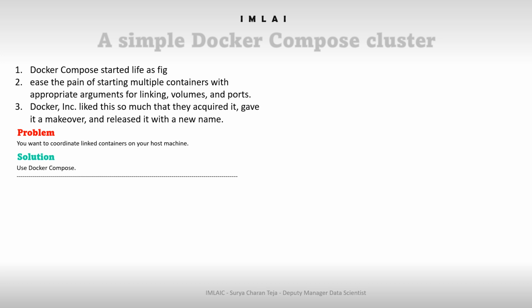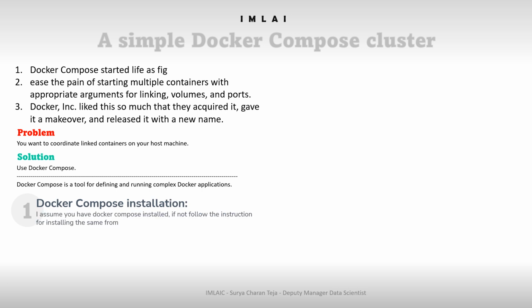But in this case, we are going to use Docker Compose. So what is Docker Compose? Docker Compose is a tool for defining and running complex Docker applications. Let's begin with the Docker Compose installation, and then we will proceed further.